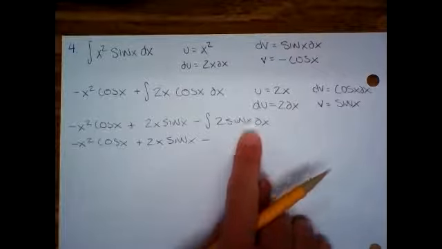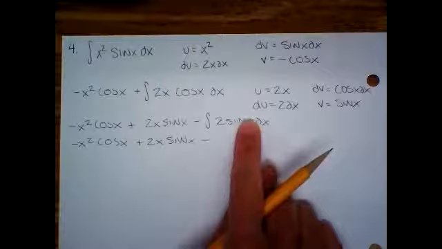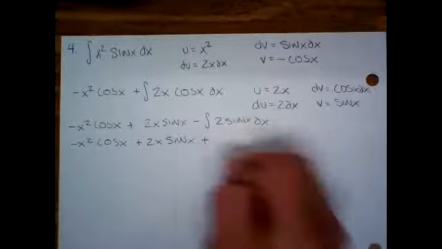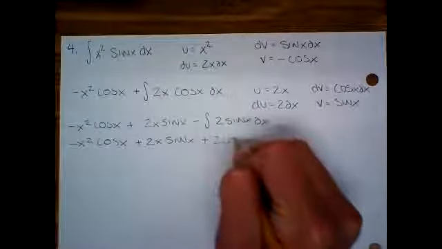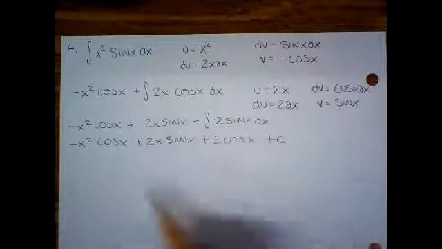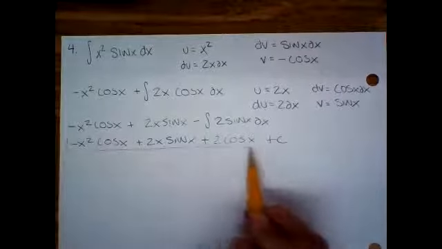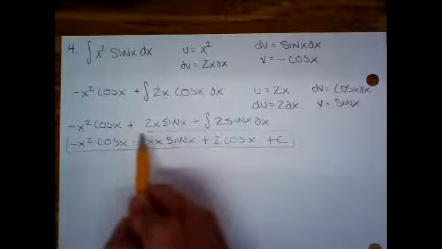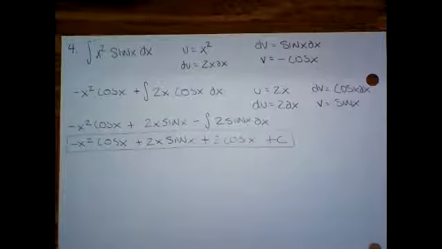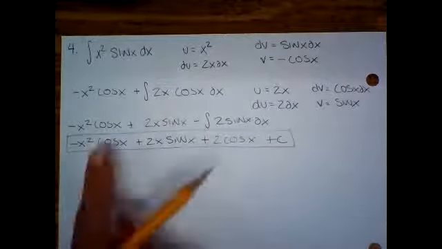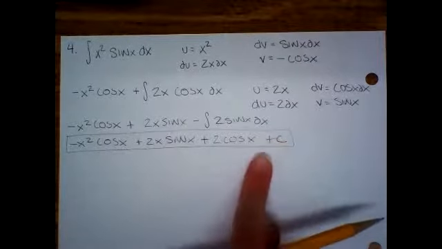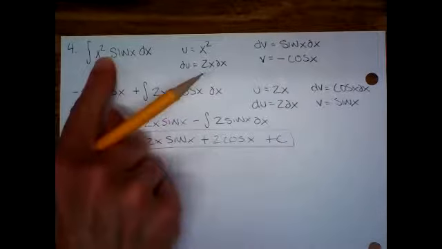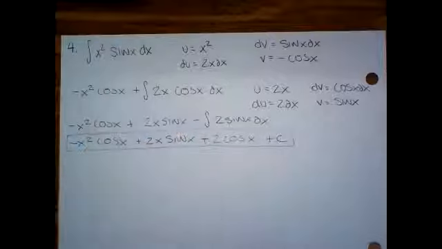Now the reason we don't need a 1/2 is because it's not a 2x. So those negatives are going to cancel. This will be plus 2 cosine of x plus c, and then this is your answer. And I know you won't, and I know you don't want to, but if you did the derivative of this, you would get x squared sine of x.